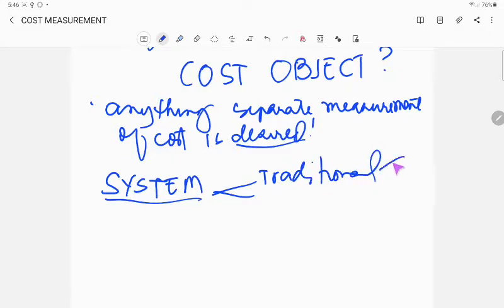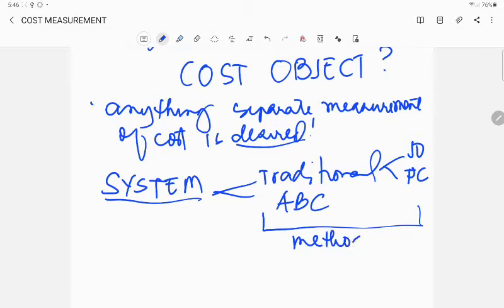Job order, process costing, and then you have the activity-based costing. But this one, we would rather call it the methods in order for you to accumulate costs.